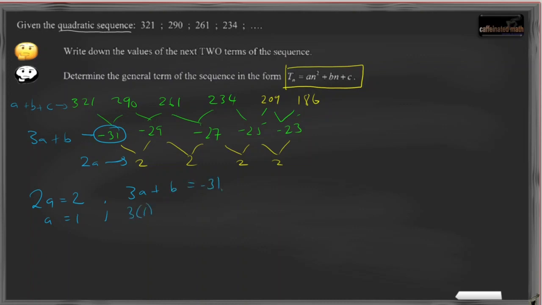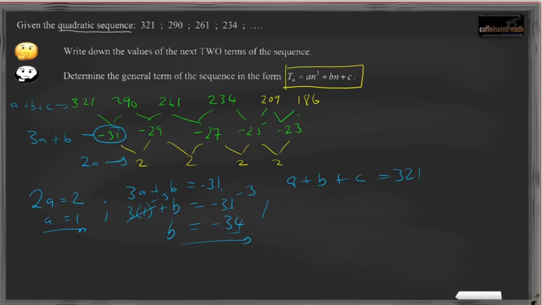Well, that's just going to be 3 times 1 plus b equals negative 31. So if we subtract 3 on this side and subtract 3 on that side, we see that b is equal to negative 34. And then for c, we can now say that a plus b plus c is equal to 321. What does that leave us with?